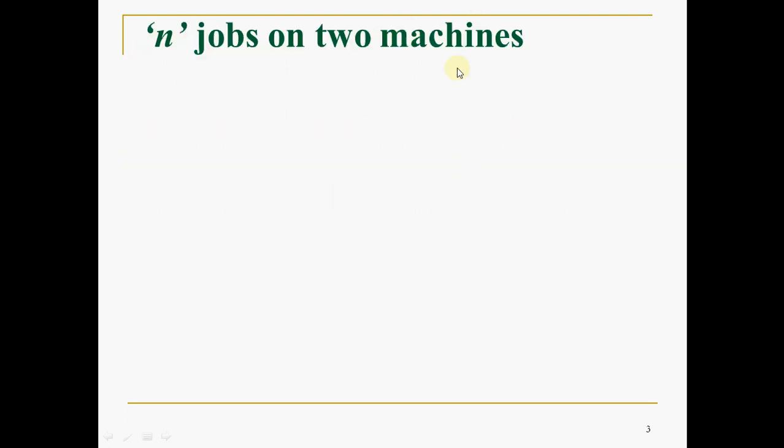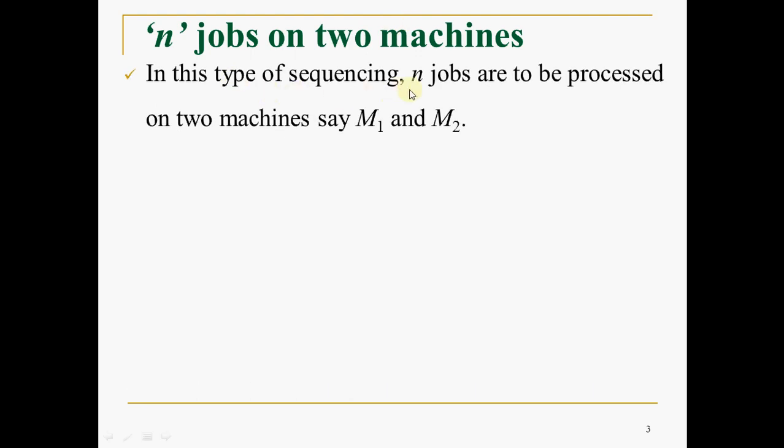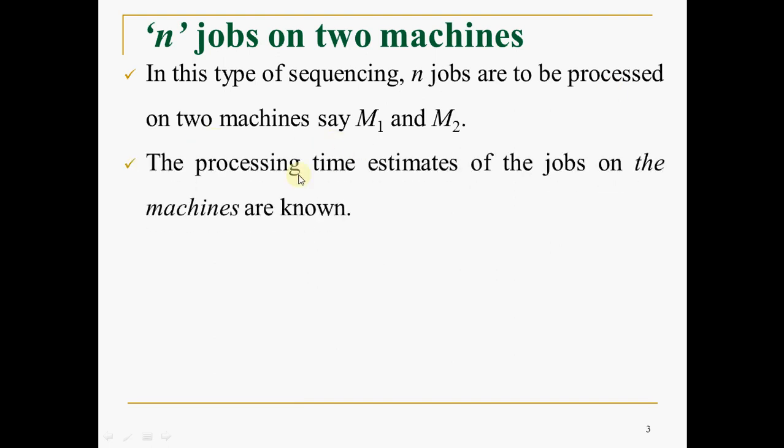In the previous session we discussed n jobs on one machine, that is priority sequencing. Coming to n jobs on 2 machines, in this type of sequencing n jobs are to be processed or sequenced on 2 machines, say M1 and M2.